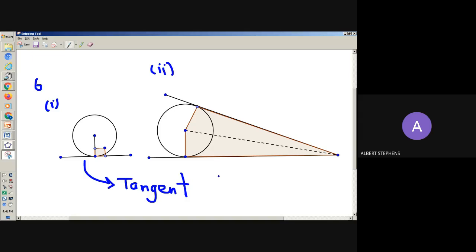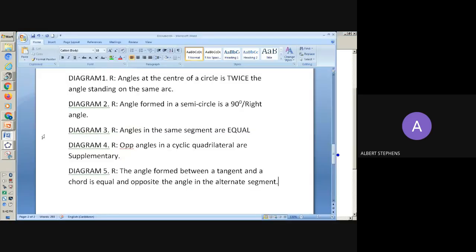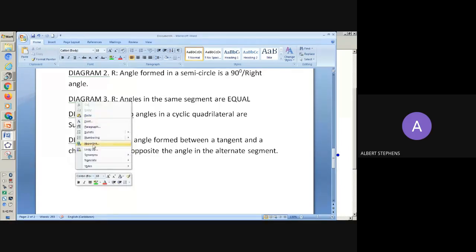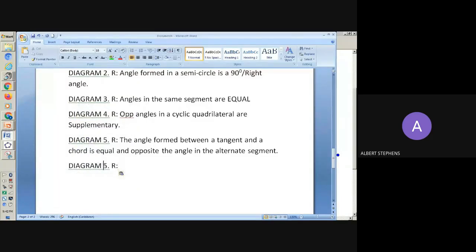But anyways, anytime you have a tangent going towards the center of a circle, the angle formed is 90 degrees. So in other words, the angle formed between a tangent and the center of a circle is 90 degrees. So that's a reason for diagram 6i.